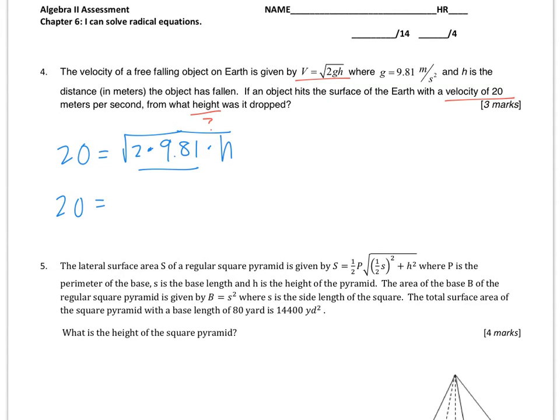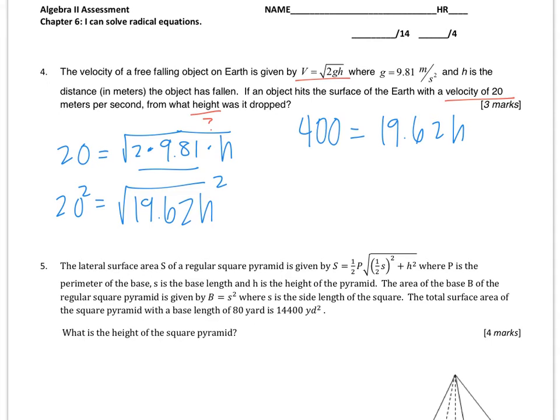So 2 times 9.81 is 19.62h. So now I'm going to get rid of the square root. I'm going to square both sides. 20 squared is 400 equals 19.62h, because the square root is gone now.